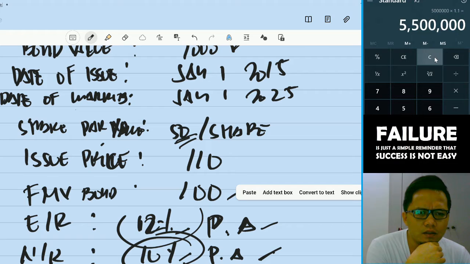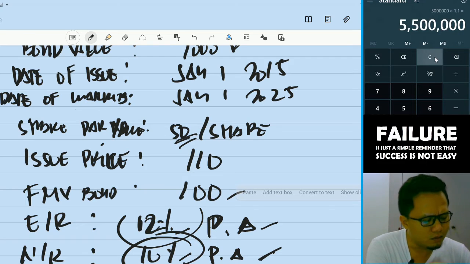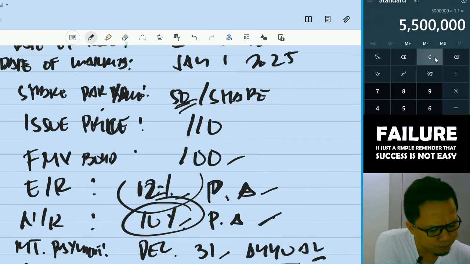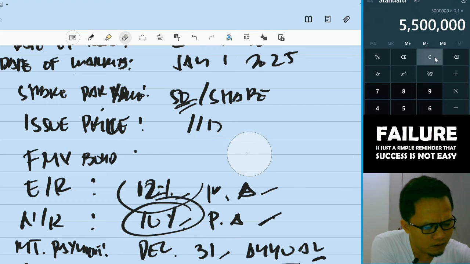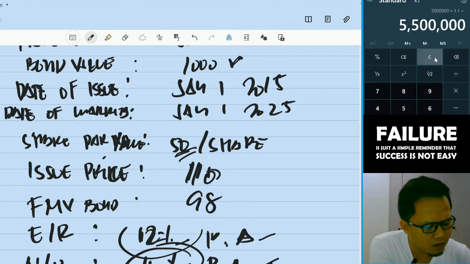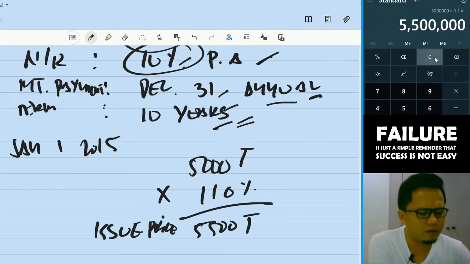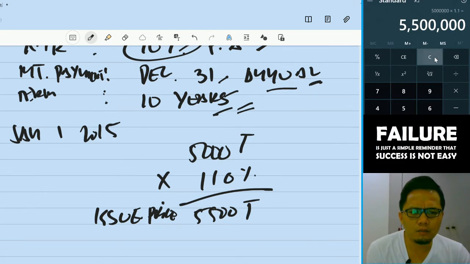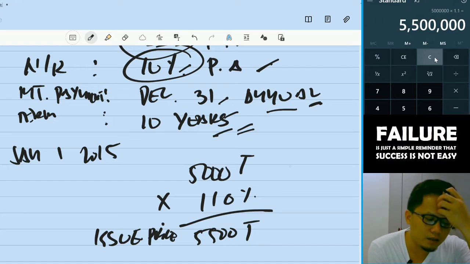So, the fair market value of the bond without the conversion is 100. I know, my example is wrong, no? So, let's say this is not 100 but rather 98. Okay, the fair market value of the bond without the conversion is 98.